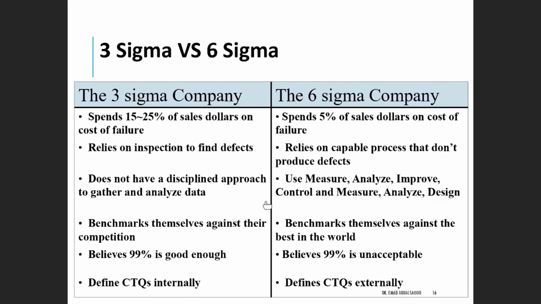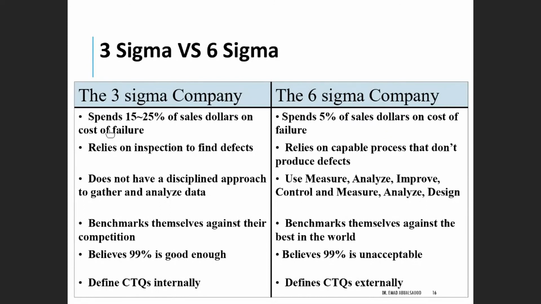If we compare the Three Sigma, which is the classic quality level or the average quality level in the 1980s, it was acceptable until maybe recently, and even if some organizations work at this level, after we read this table you will see they will barely be able to survive in the market now. 15 to 25% of sales dollars go to cost of failure.